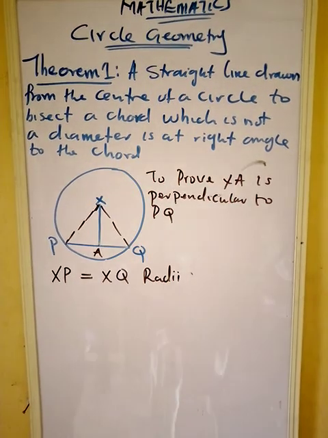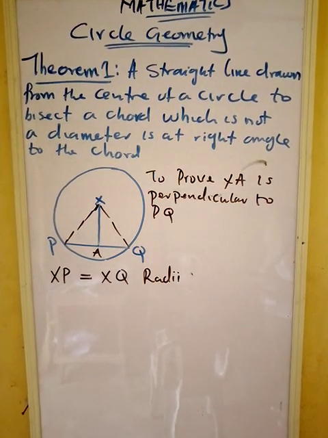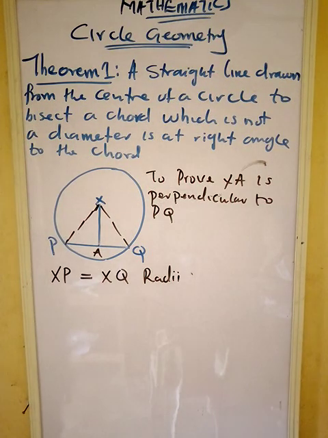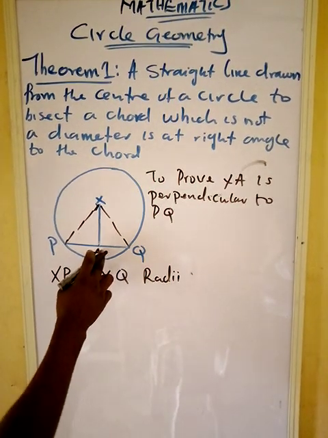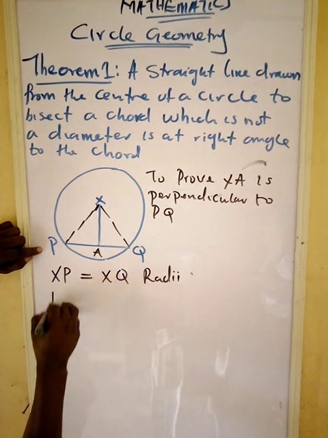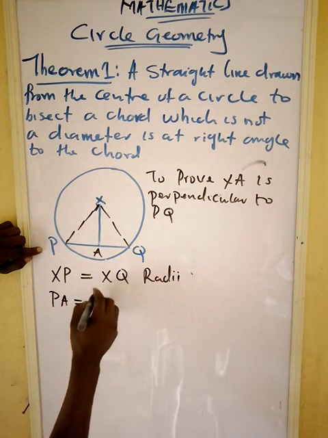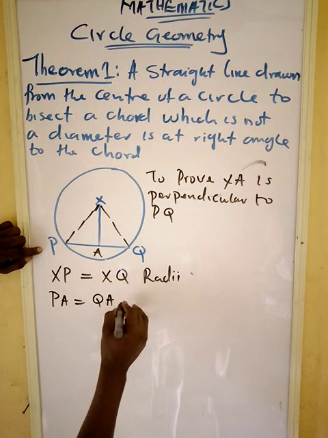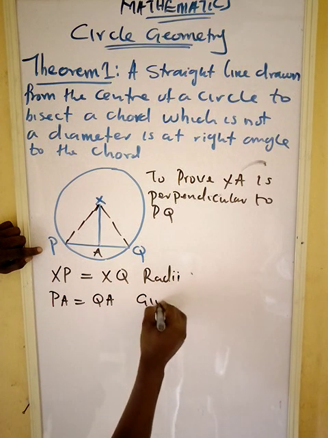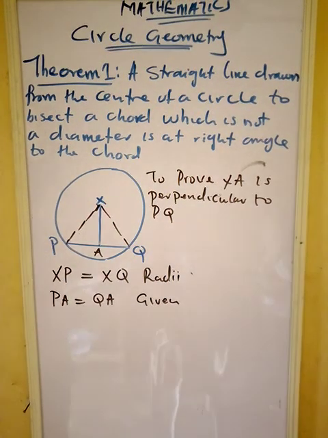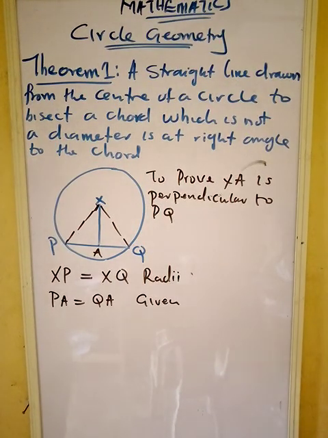So the next thing here we need to see is that our PA is equal to QA, which is given to us.